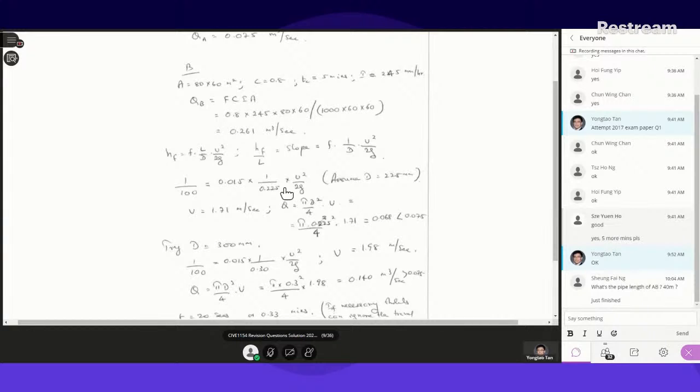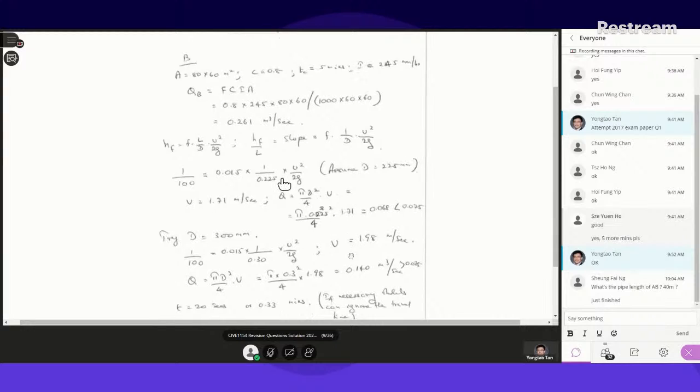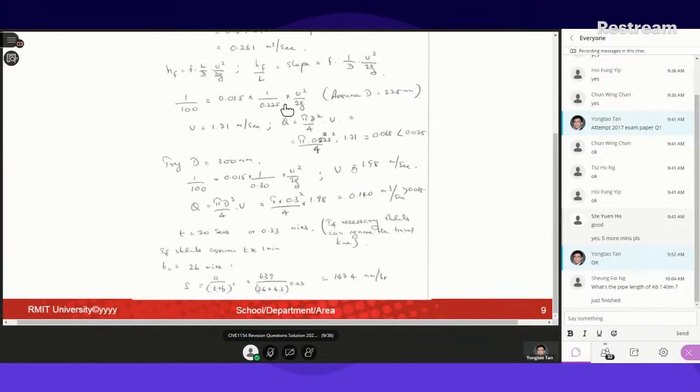So next, you need to determine the size of the pipes. We need to use the Manning equation to get the velocity of the flow in the pipe AB, because we need to determine the total time.